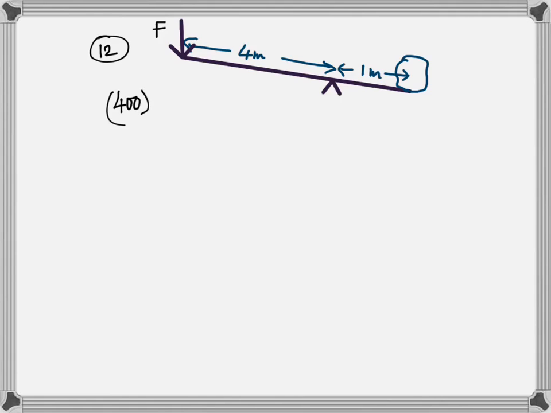Here is number 12 for you. That's the diagram. From the fulcrum, the load is 1 meter away, and the worker is applying a force F 4 meters away from the fulcrum.